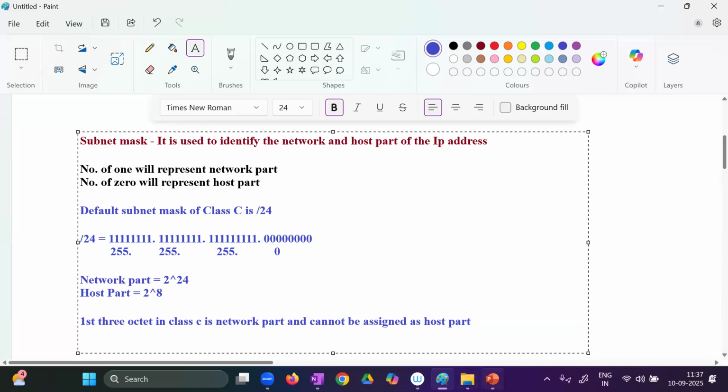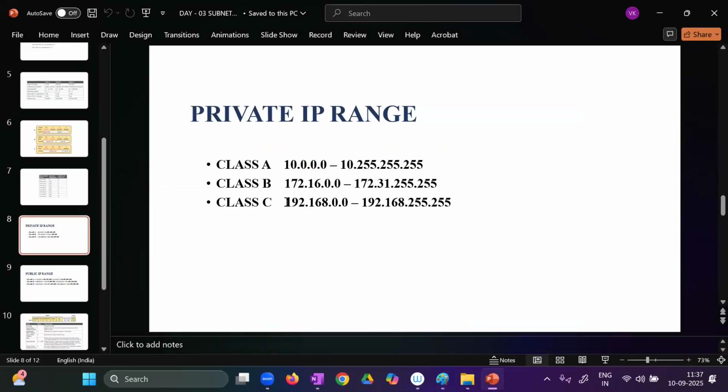That's why, if you observe in this class, these first three are fixed. In class C, you will always get the same number.